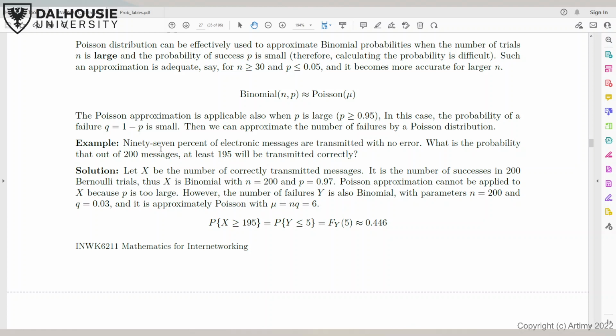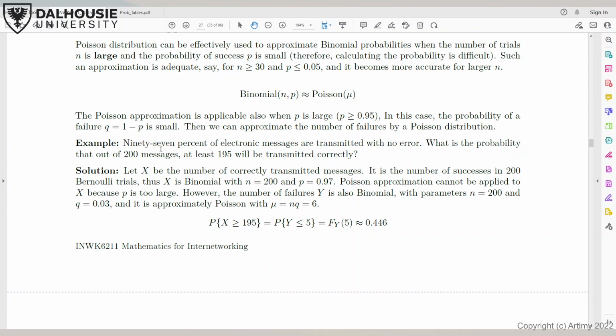So it's binomial distribution, right? But n is very large. If I want to apply the formula, first of all, I won't find the tables for 200. And second, the numbers will be astronomical. I cannot calculate it. So that immediately should give me a hint that I need to use Poisson distribution.